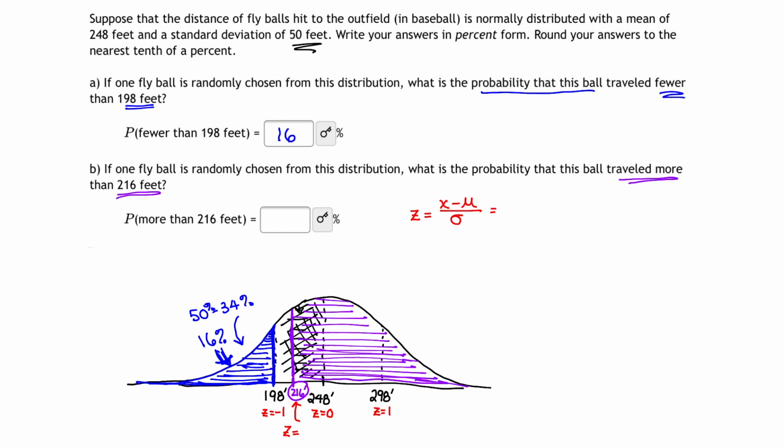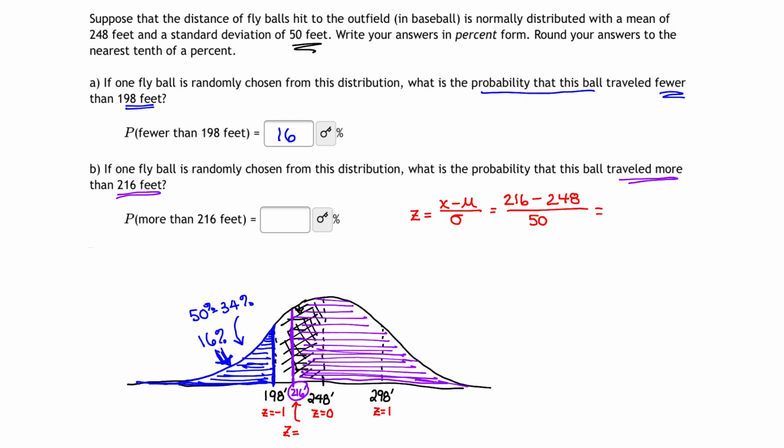Or in other words, the z-score for our particular value being 216 is 216 minus our mean, which is 248, divided by 50. This formula will transform our feet into a z-score. So we take 216 minus 248 divided by 50.